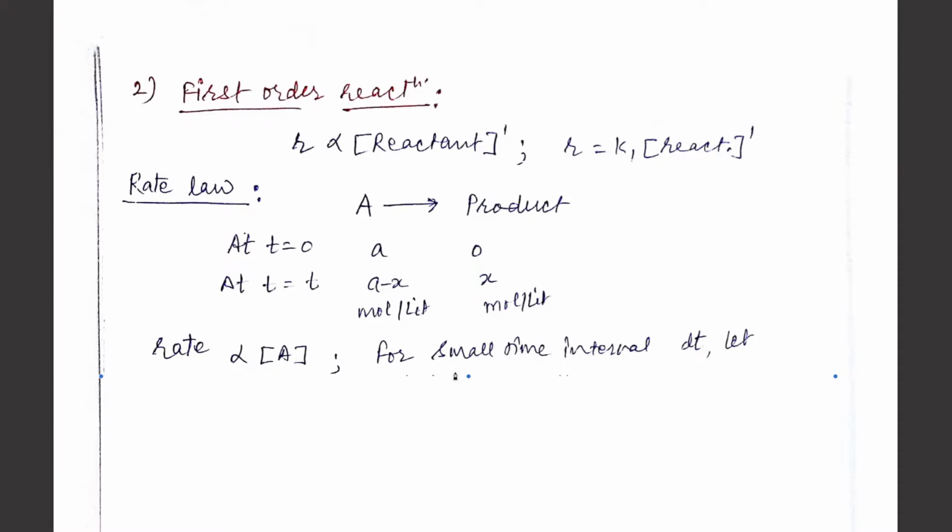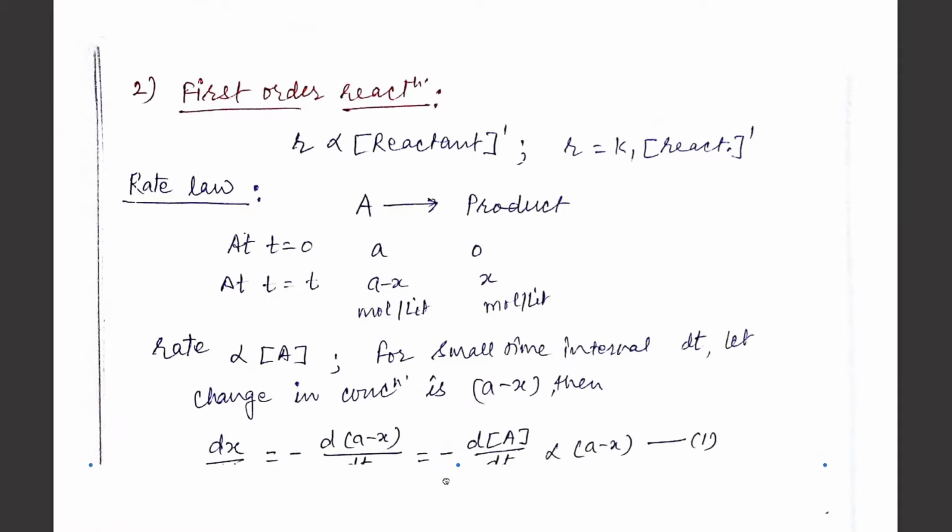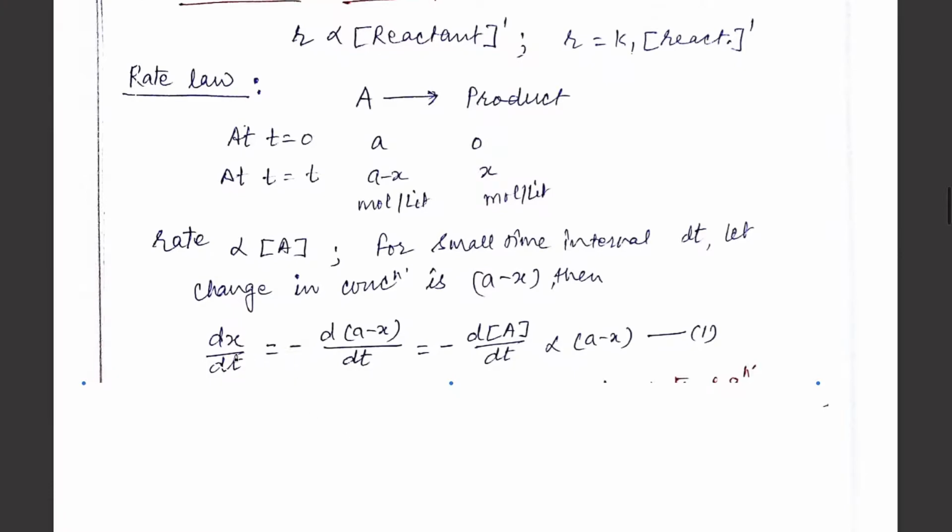Now if we want to see the rate law for this equation for a small time interval, it can be shown by this expression: dx over dt is equal to minus d[A minus x] upon dt. Here dt is the small time interval during which the concentration of reactant is a minus x.